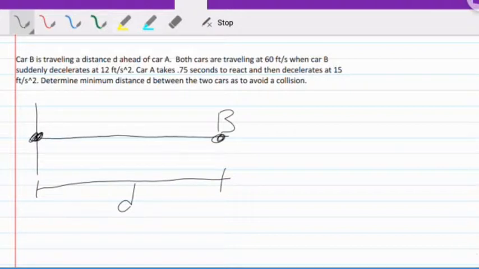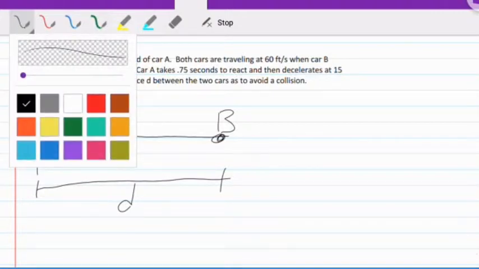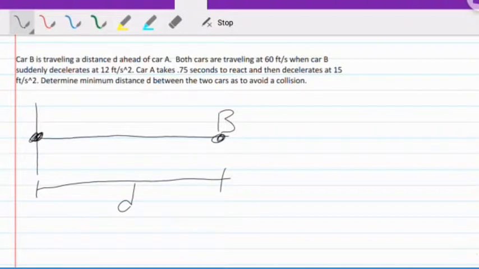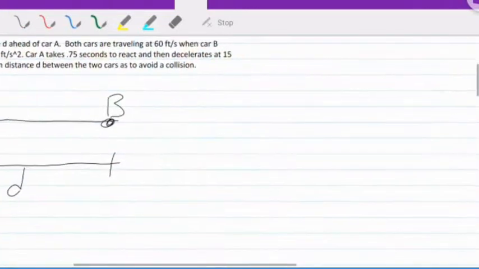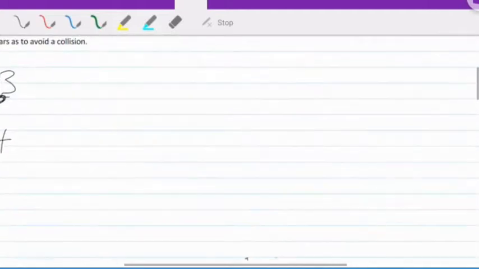So car B suddenly hits his brakes, so his velocity is even slower than it was before, and car A has to hit his brakes harder so as to avoid car B. Lots of car A's and B's. But let's see how these relate in terms of equations.